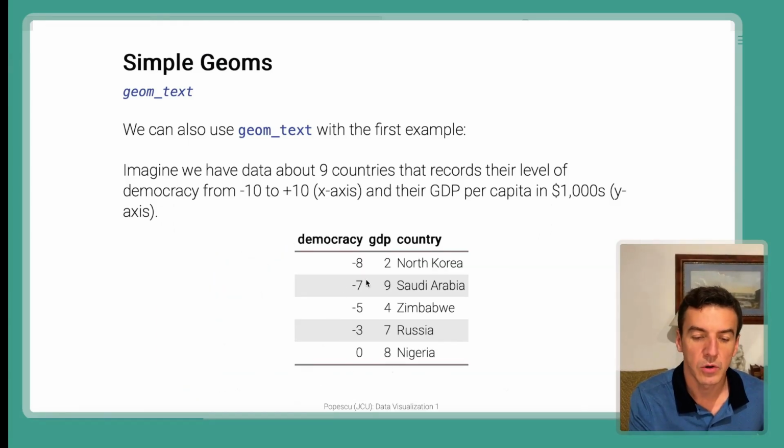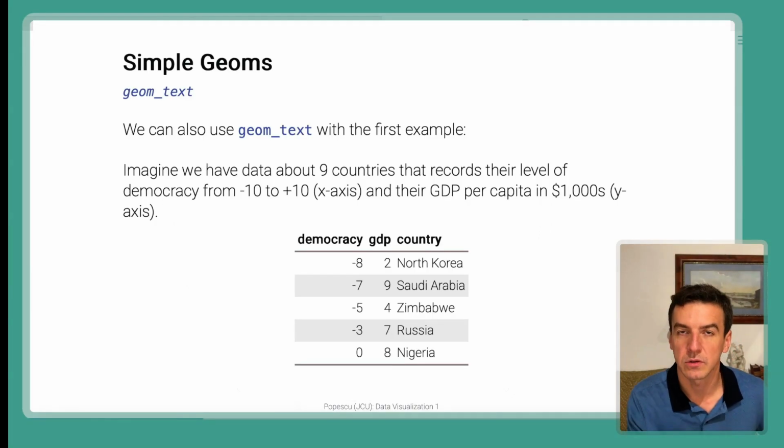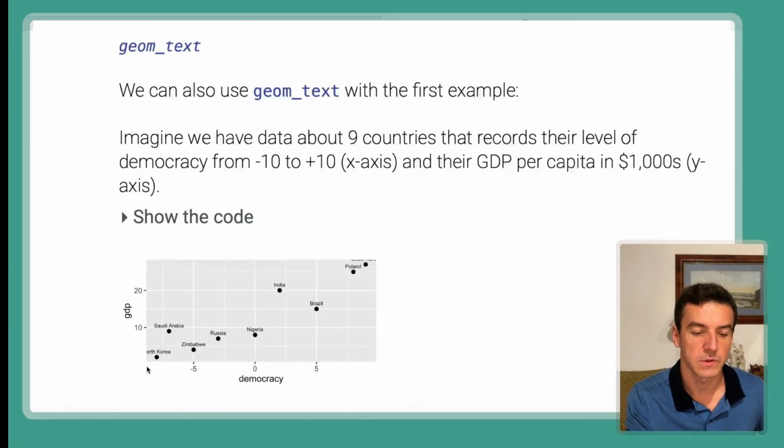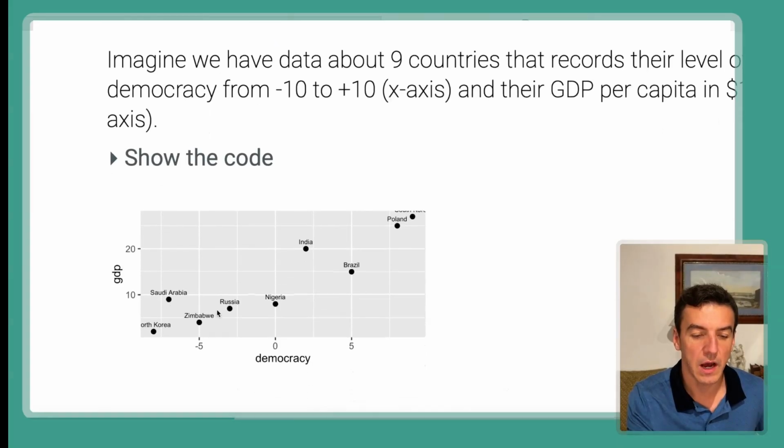So note that I'm only including these 5 observations in order to be able to fit the table into this slide. So we notice that we have 3 variables now instead of 2. So we have democracy, we have GDP, and we have country. So this is what this looks like now. As before, we still have the level of democracy on the x-axis.